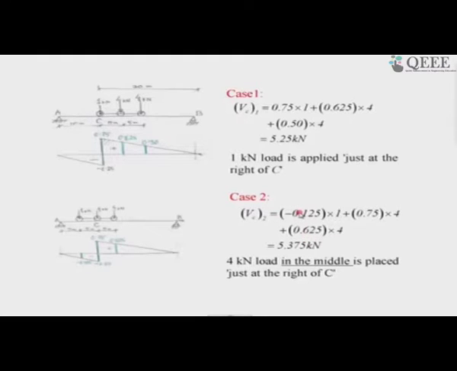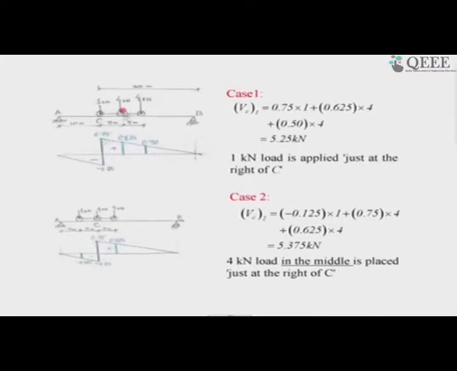You lost in terms of the first load, which is 1 kilonewton. The ordinate has changed from 0.25 to 0.125. So this ordinate is multiplied by the unit load 1, plus 0.75 into this 4 kilonewton, which earlier was here and now is here.